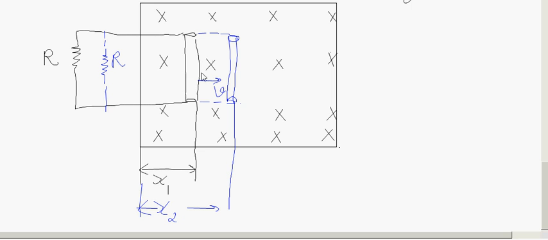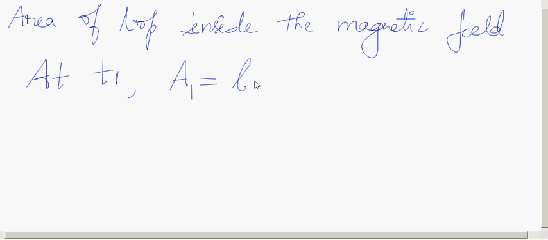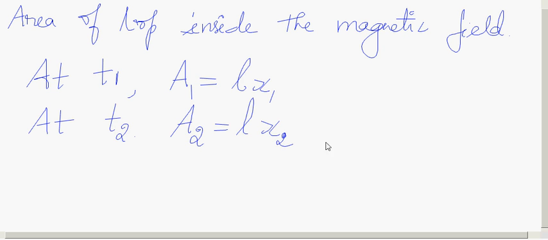From the figure, this length is L, it is given, so the area at T1 is L into x1, length into breadth. Similarly, the area of the loop inside the magnetic field at T2, A2, is now L is the same, x1 becomes x2.